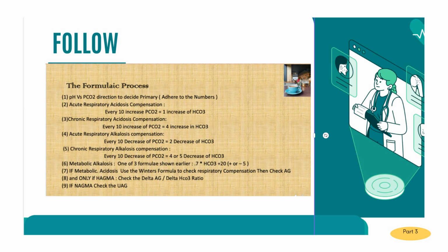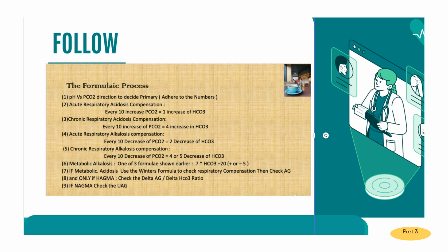As described in previous presentations, this would be the process I follow in analyzing acid-base pathologies. I would like to add that the osmolar gap, both serum and urine, is another very useful process.